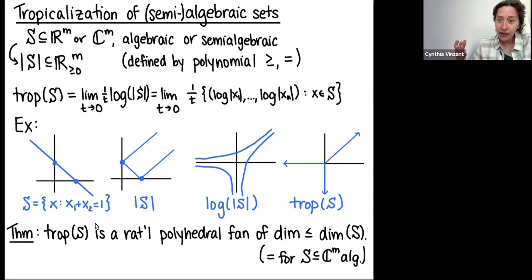Okay. Another way of thinking about tropicalization, which is one that might be a little bit more familiar, is really using a field with a valuation on it and then looking at the coordinate-wise valuation under this field.